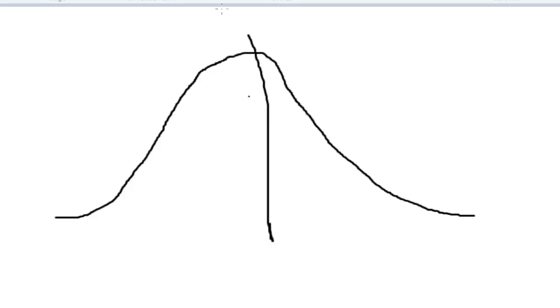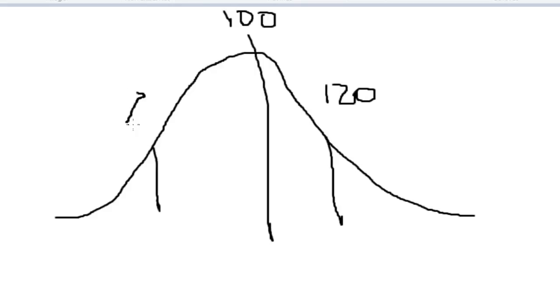Let's say, for instance, you are doing an IQ test, right? The average will be 100. If you have 100, you are not smart, you're not silly. You're just plainly average, right? And if you're very smart, you will have 120. And if somebody else is quite silly, they will have 80, right?